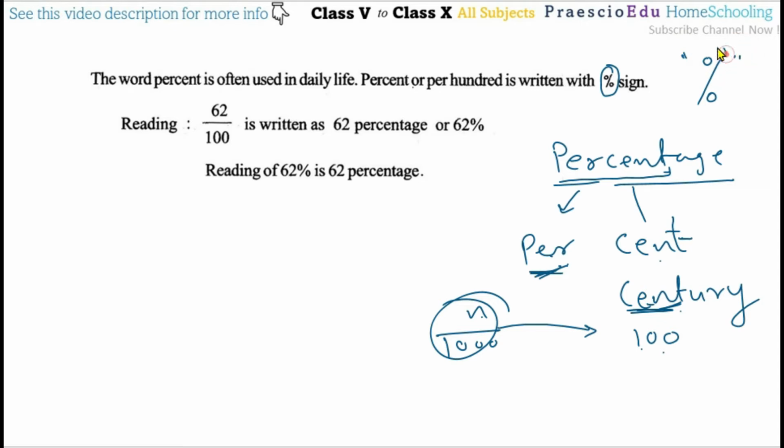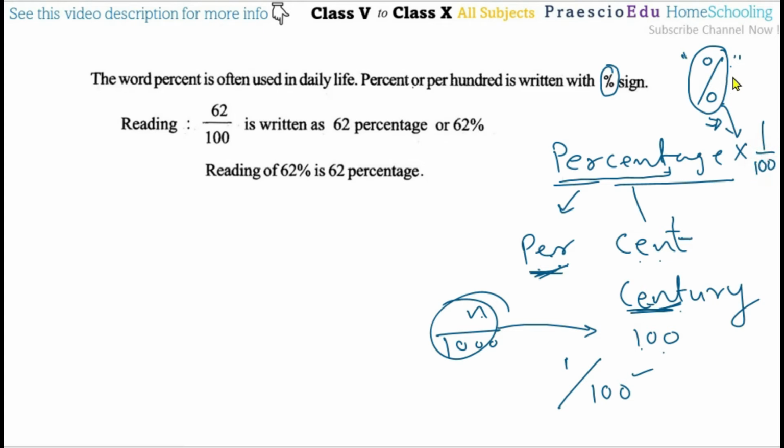So this symbol, we can say, is for denotation, and this symbol has the value percent. Percent means per 100, or we can say per means 1 by 100. So you can replace this symbol with multiply by 1 by 100.